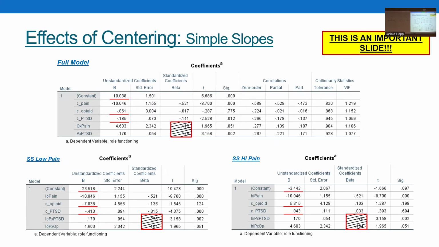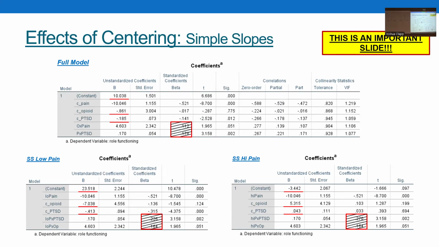Other thing too, Charlotte, can you go back and pull up when we hand factored out that equation? Full model. Here's simple slopes for opiate use, and simple slope for PTSD.